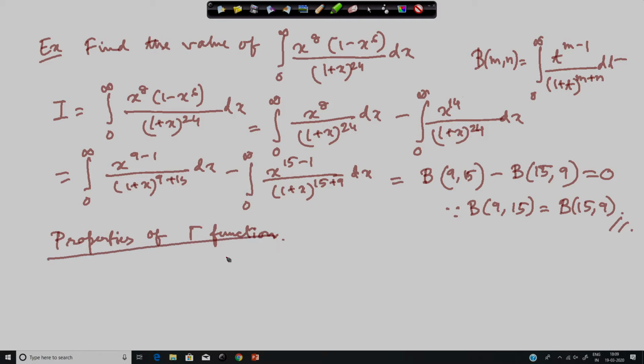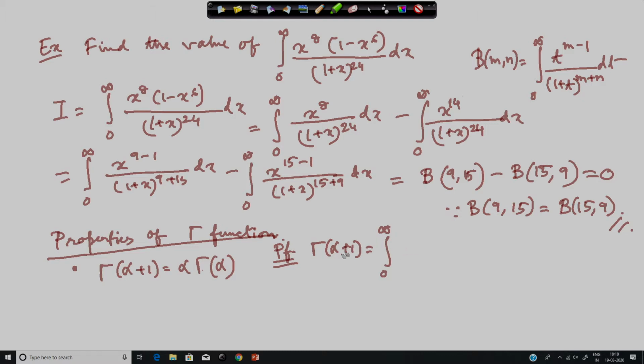First of all I will prove that gamma alpha plus 1 equals alpha gamma alpha. Okay. The proof is straightforward. We can prove it by applying integration by parts.